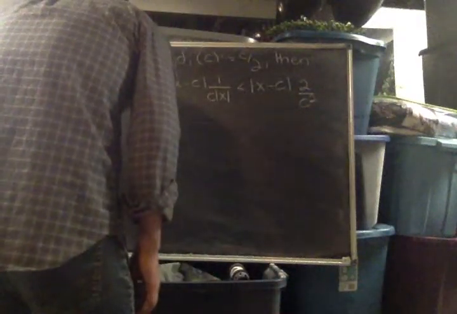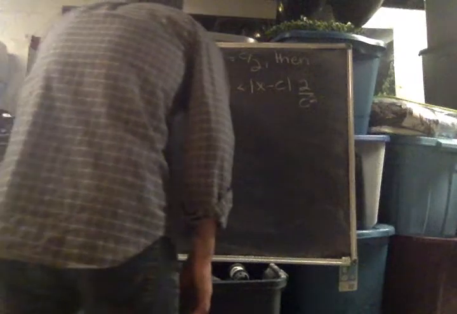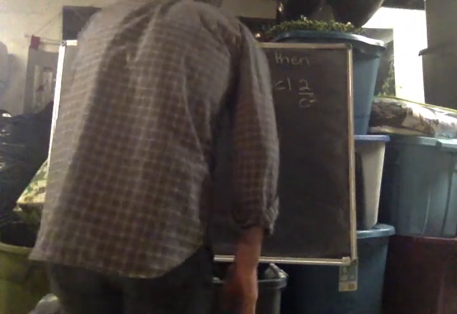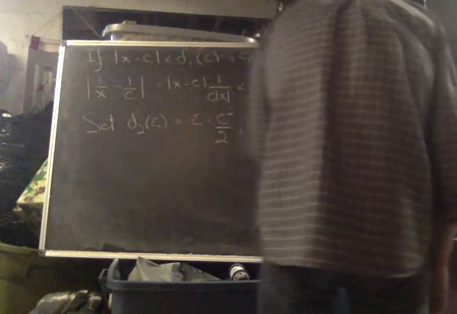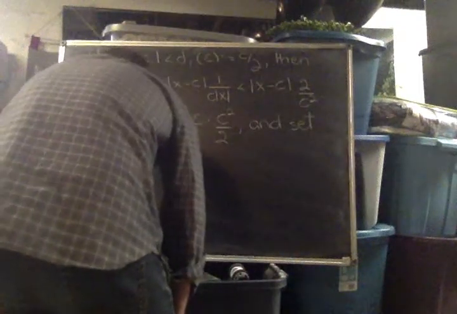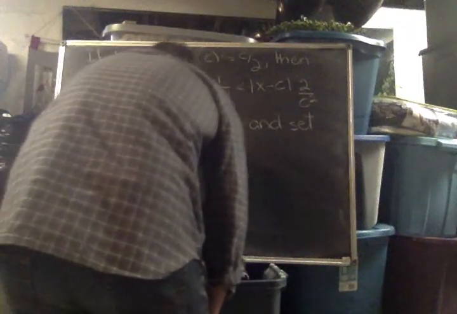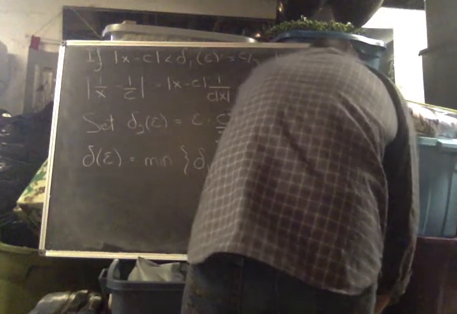So, let's set delta 2 of epsilon to be equal to epsilon times c squared over 2, and set delta of epsilon equal to the minimum of delta 1 of epsilon and delta 2 of epsilon.